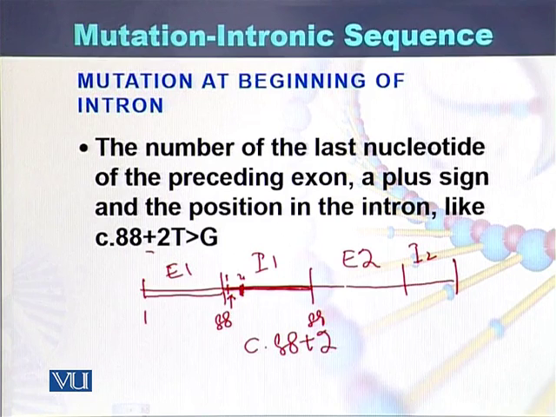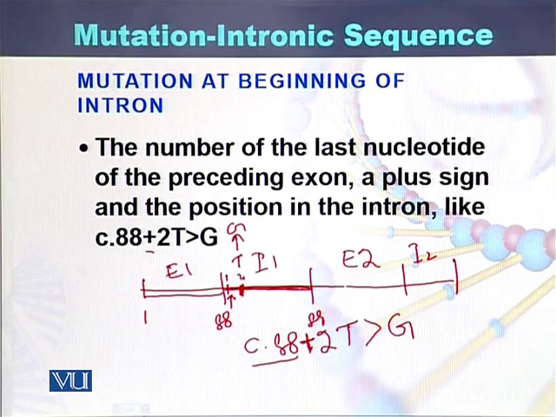At this position there was a T, and that T is replaced by G. So we can say that there was a thymine at the second position of the intron, and we write that T to G change as c.88+2T>G. This is the pattern for writing a mutation at the beginning of an intron.